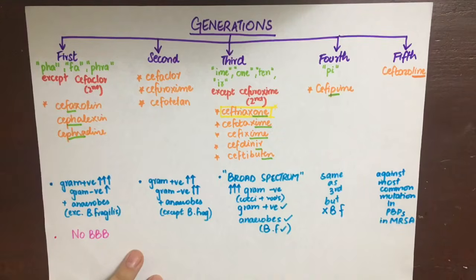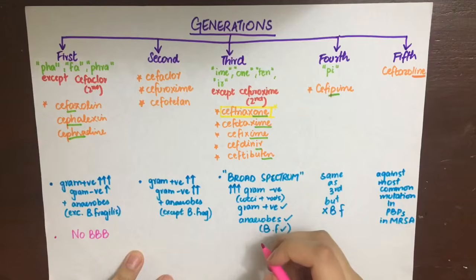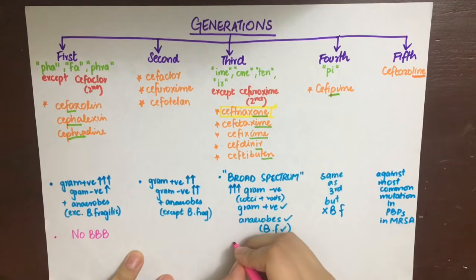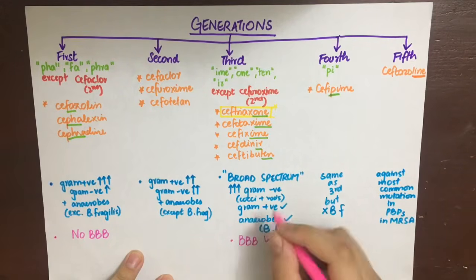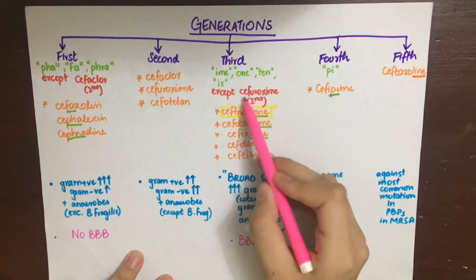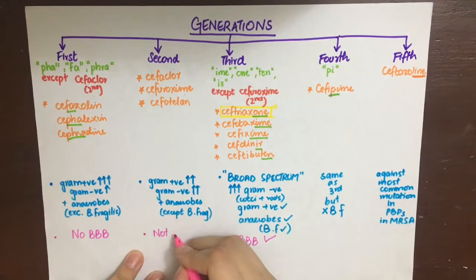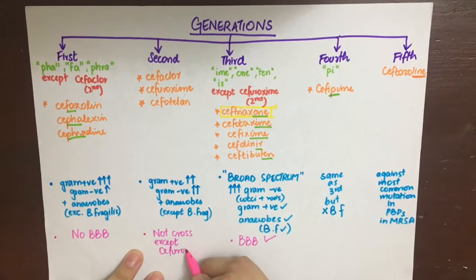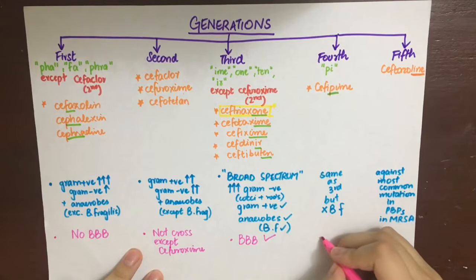Now to remember this exception, as I previously mentioned that all drugs with IME will be in the third generation, and it's a property of the third generation to cross the blood-brain barrier, but an exception is cefuroxime, which is actually a second generation, so it will share one property with the third generation, and thus it can cross blood-brain barrier unlike the second generation. The last two generations can also cross the blood-brain barrier.